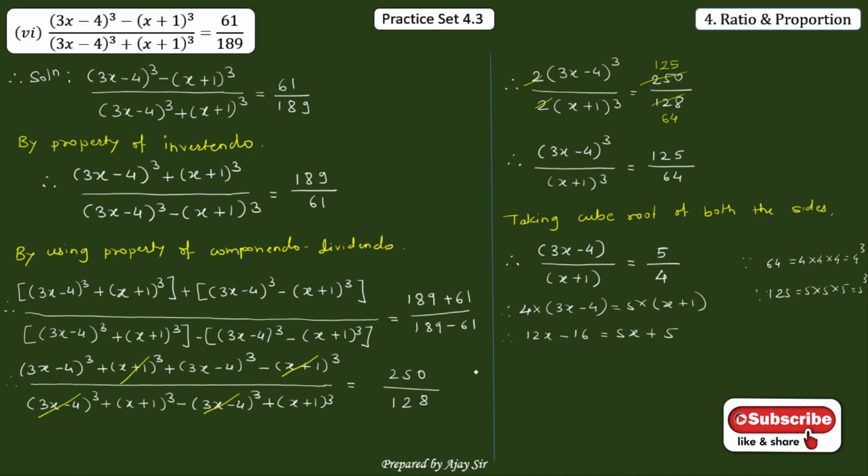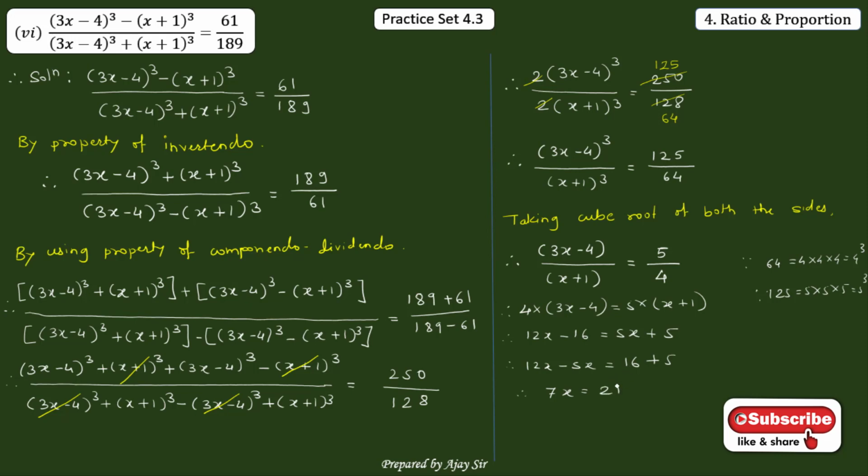So 12x, this 5x will go here, that is minus 5x. Minus 16 will convert to plus 16 because we are shifting it to the right hand side, plus 5. So 12 minus 5 is 7x, is equal to 21.